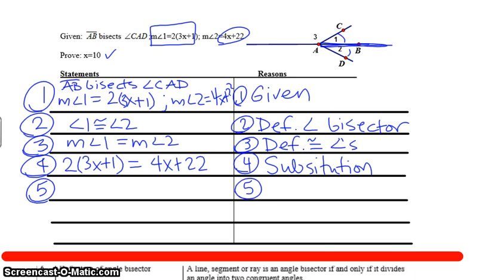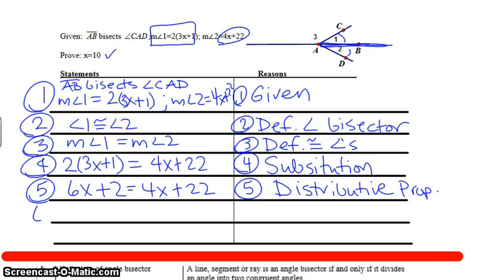And at this point, I'm just trying to get x by itself. So go through your algebraic steps. You could either divide both sides by 2, or you could go ahead and distribute. I'm going to decide to distribute. So my reason is distributive property. From there, I'm going to subtract 2 on both sides and subtract 4 on both sides.